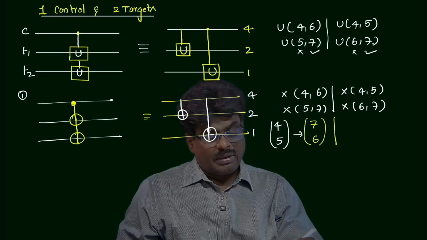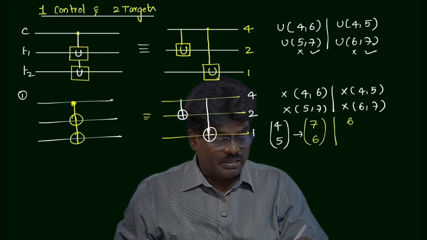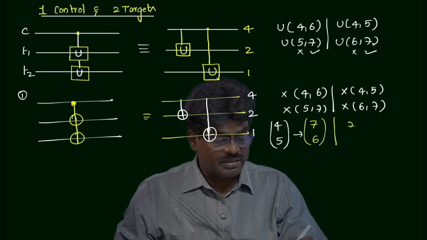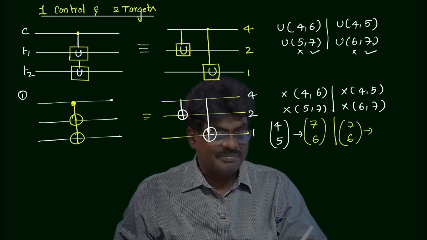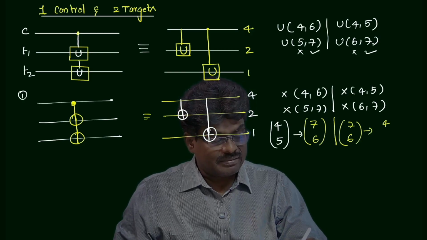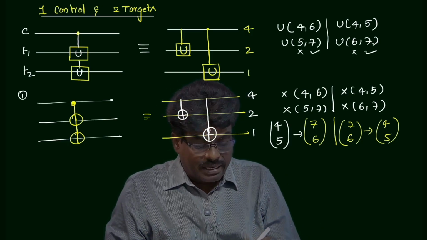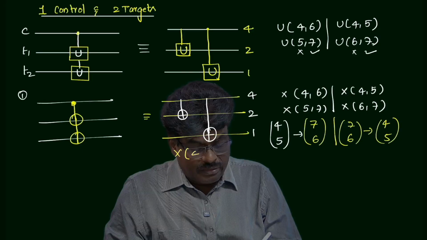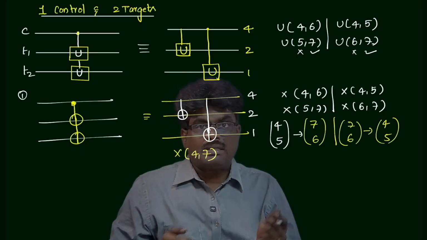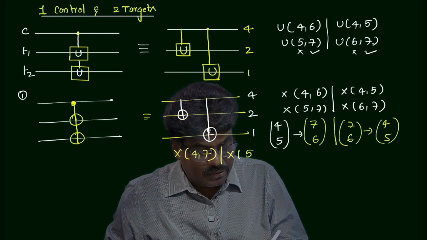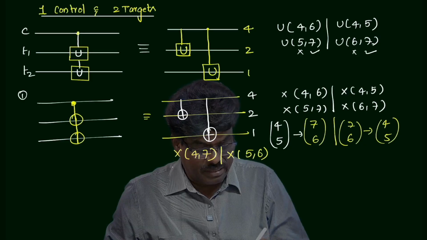Again, if you want to check that 6 and 7, otherwise take the 7 and 6 again, you will get the reverse. That means 4 5. So finally we can write this as x of 4 comma 7 because it is flipping 4 and 7. Next one, x of 5 comma 6. That's it.